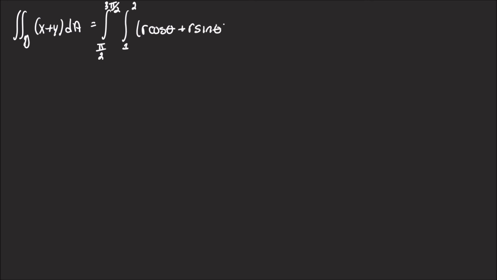So the integral of x plus y dA would be the integral from pi over 2 to 3 pi over 2, integral from 1 to 2, now of r cosine theta plus r sine theta, r dr d theta.